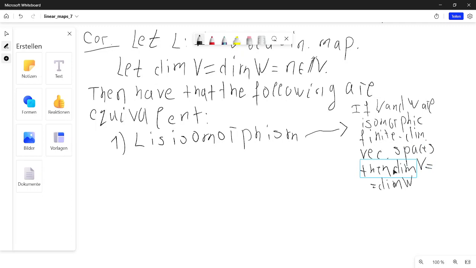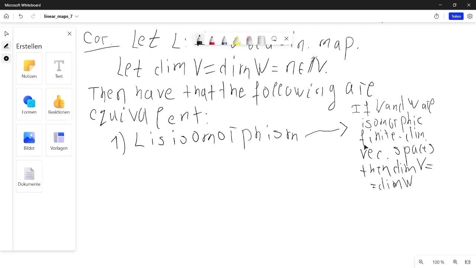Just for isomorphic vector spaces, their dimensions are equal, and that is very easy. You just take a basis of V, and then you immediately know that those vectors are linearly independent in W because L is injective.